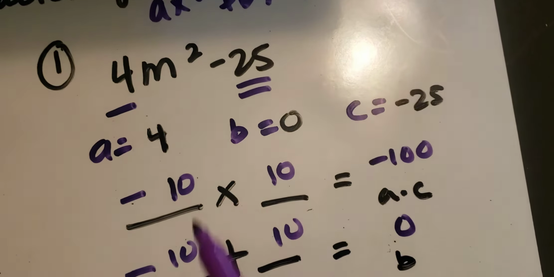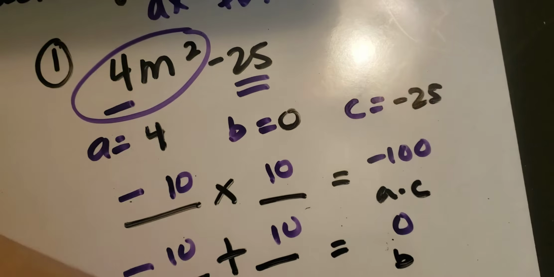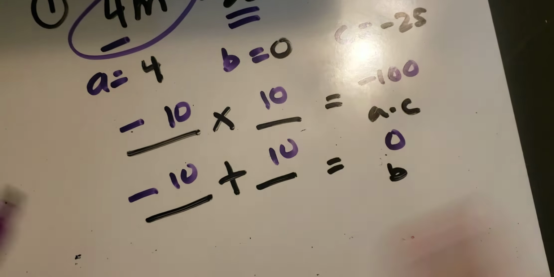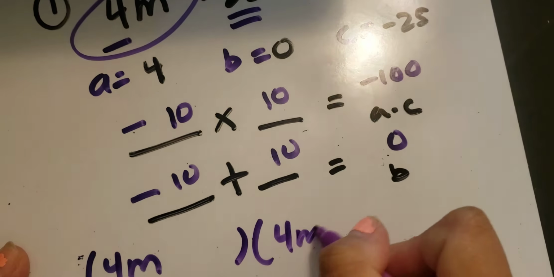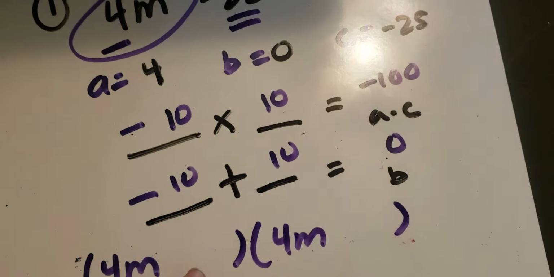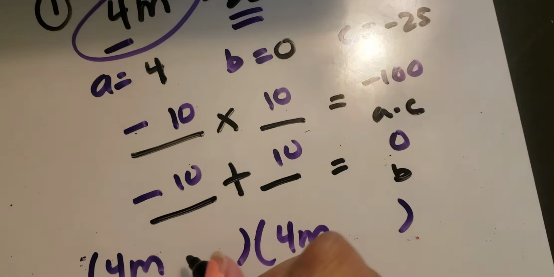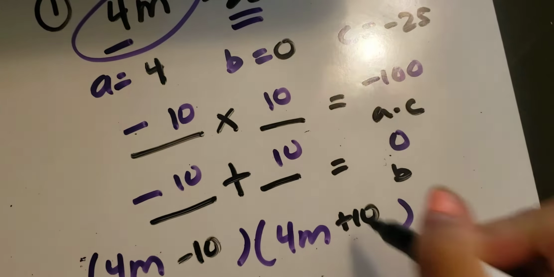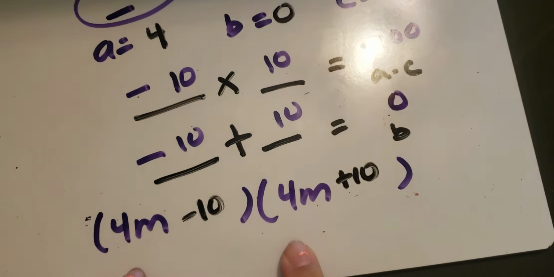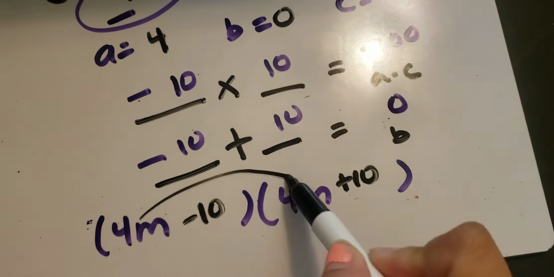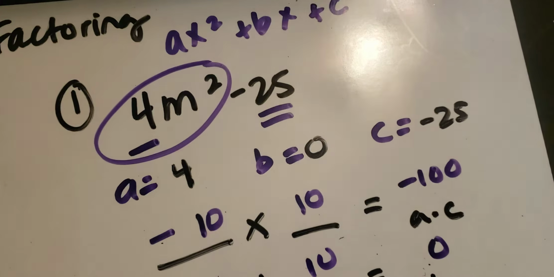Remember, we look at the first term, 4m squared, so I should write out 4m times 4m, and then in here we write negative 10 plus 10. We write this twice because we're going to multiply, but when you multiply them, that gives you 16m squared, and we want 4m squared.